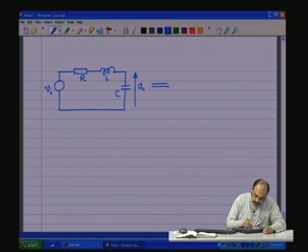Now, this you have to transform to the S domain or the pole zero domain, and to do that we write this circuit again in the same fashion.